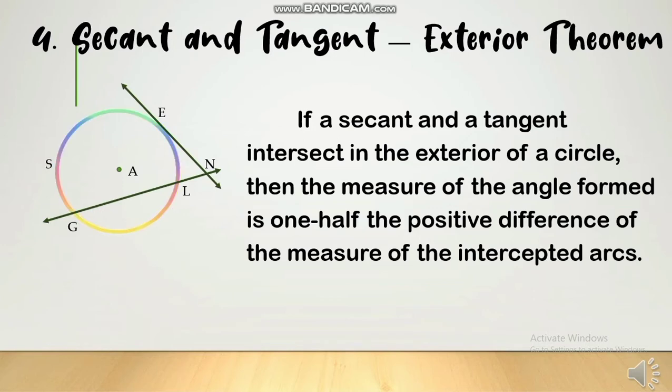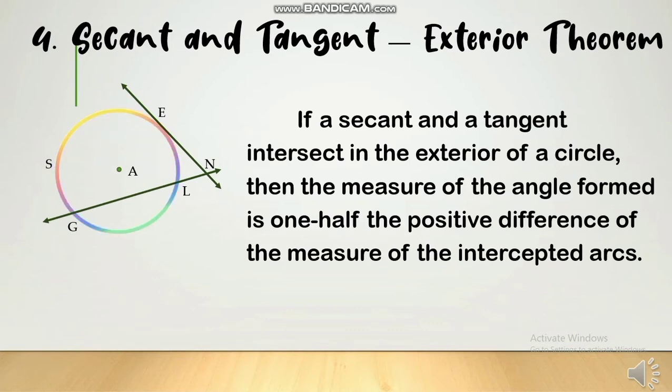So in the figure, we have tangent line EN and secant line GL. If you will notice, the two lines intersect at point N, and there is an angle outside the circle.